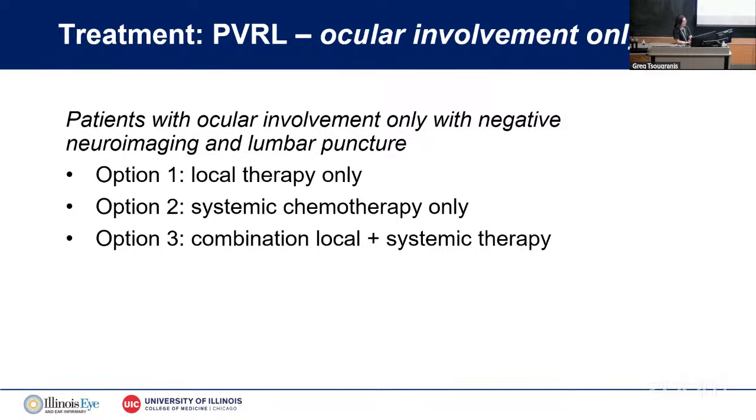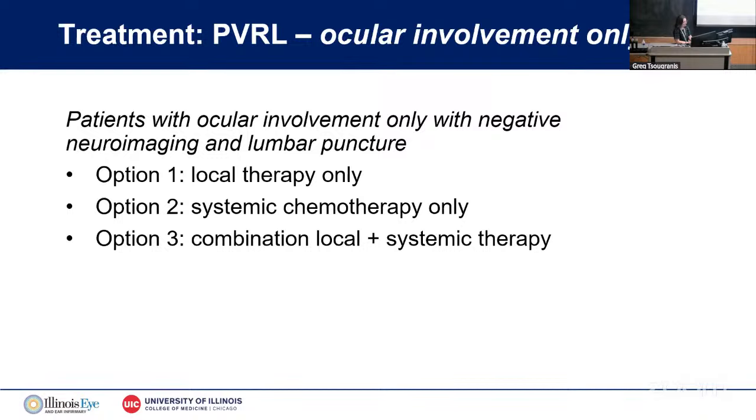There's three broad treatment approaches. The first one is doing local therapy only, so doing injections versus external beam radiotherapy. The second would be doing just systemic chemotherapy only. Though levels of methotrexate are lower, studies have shown that they do penetrate the eye and can treat the disease.